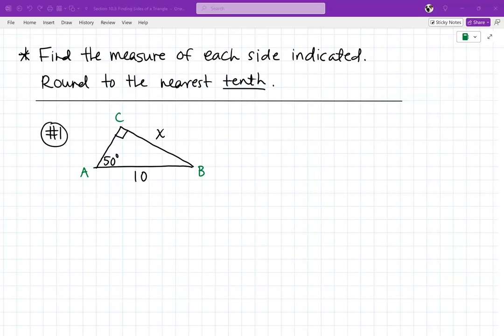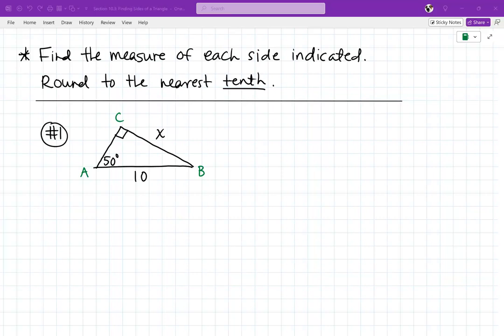If you ignore the green stuff, since it's just for the name, they gave me a value of 10 for one side and a value of 50 degrees for one angle. Then I have to figure out the missing side, that's X.